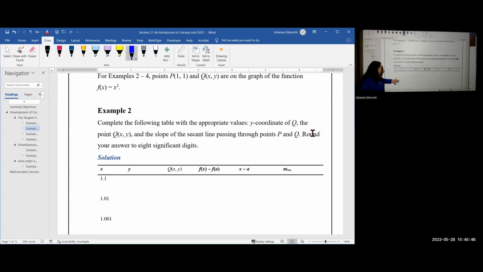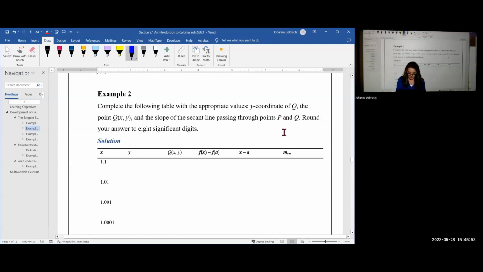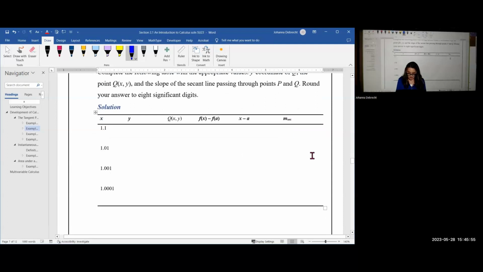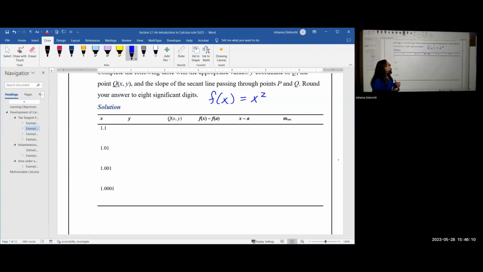So 1.1, 1.01, 1.001, and I believe the next one is 1.0001. So what we need to do then is compute these values and put them into our table. Remember that our function named f is y equals x squared. So now go ahead and pause the video while you fill out this table.